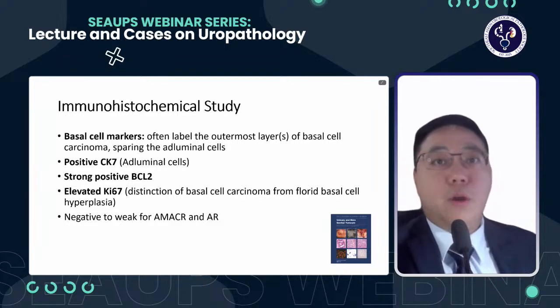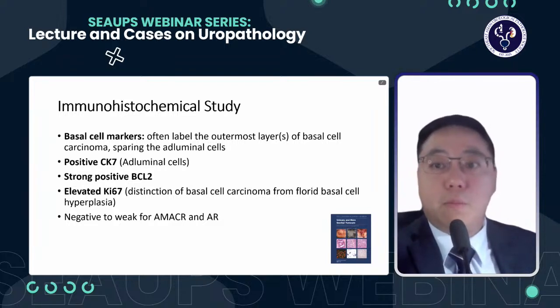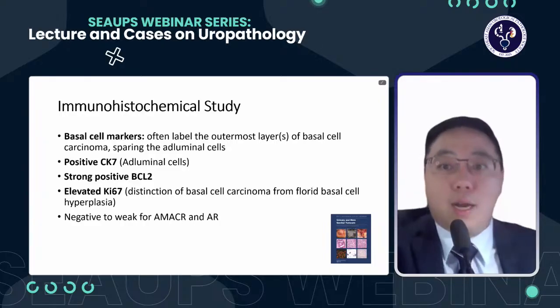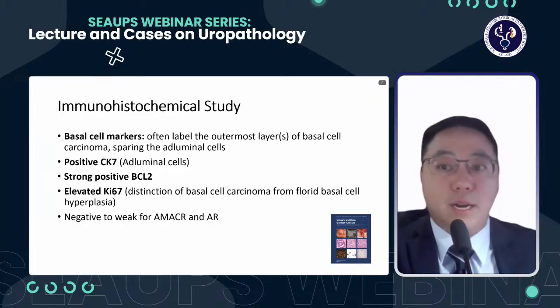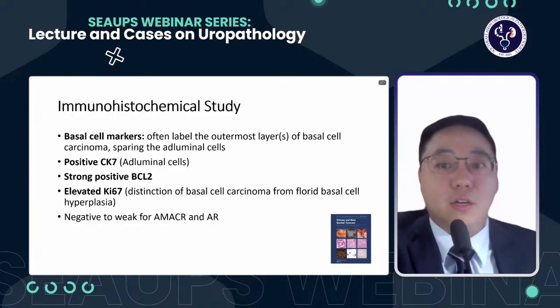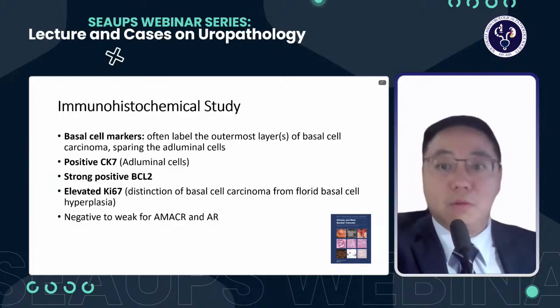Moving on to the immunohistochemical findings, basal cell markers typically highlight the outermost layer of the tumor nests in basal cell carcinoma, while sparing the luminal cells. In our case, P63 staining demonstrates this classic pattern, strongly labeling the outermost layer of the tumor nests. Next is CK7, which shows positive staining in the luminal cells.